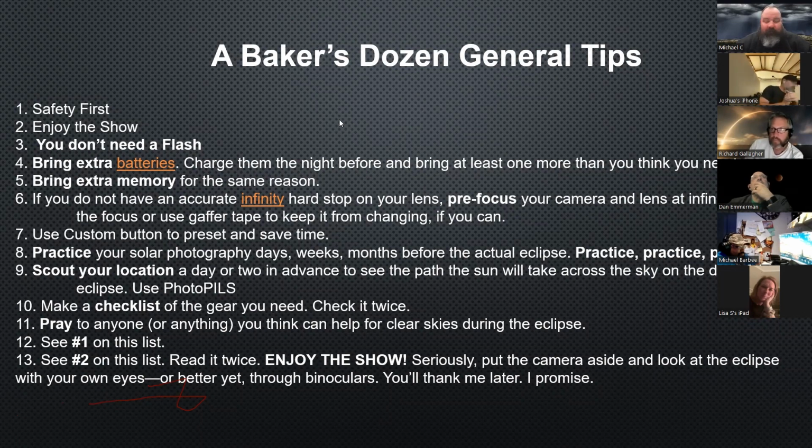Get out and practice. Get some shots. Get out there on a partly cloudy day and see how it affects your filter and your shot. Get out there on a fully sunny day. Get out there at roughly the same time as wherever you are, the eclipse is going to pass, so you know where the sun is in the sky relative to where you are, and just practice.